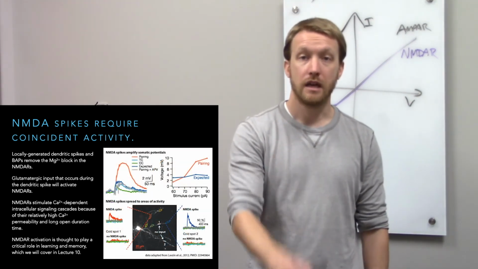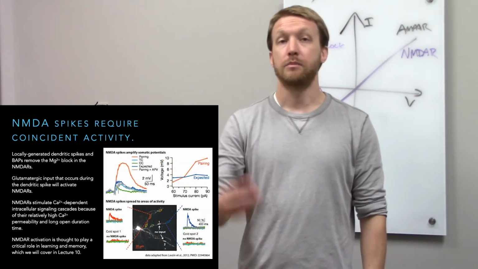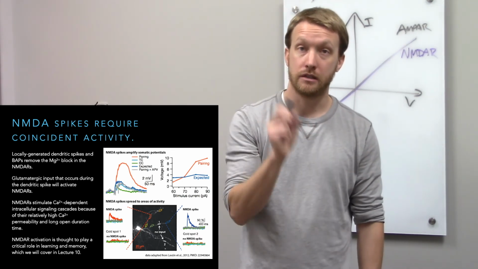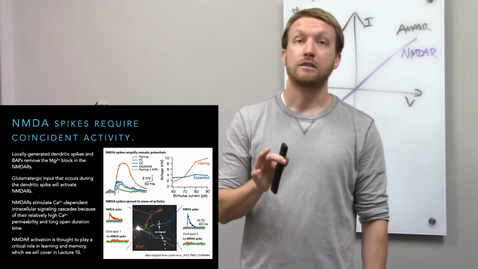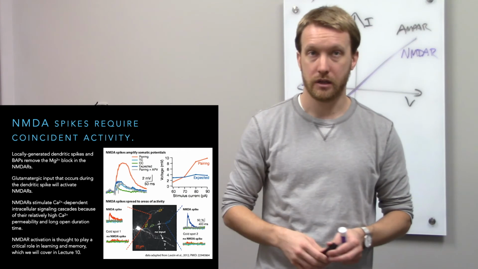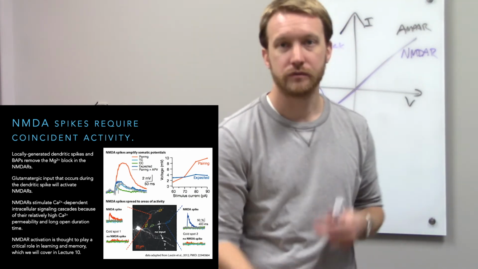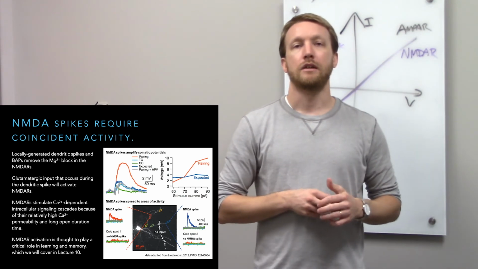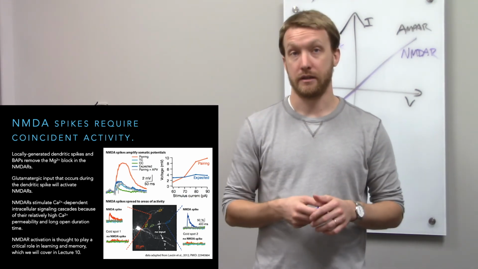So those NMDA spikes are going to be propagated throughout the dendrites at sites where we have input. So that's why we're going to get that supralinear summation. And that's what this is showing us. So there's stimulation of a couple different types of fibers in this experiment in order to generate an NMDA spike.